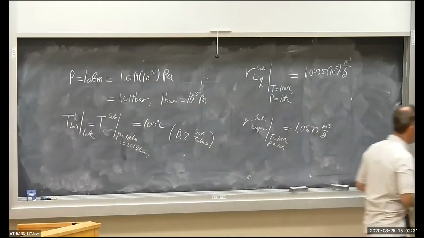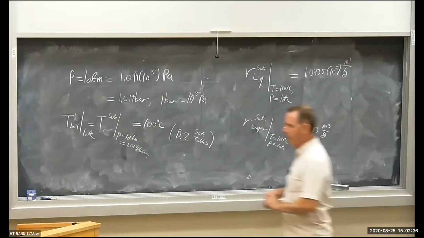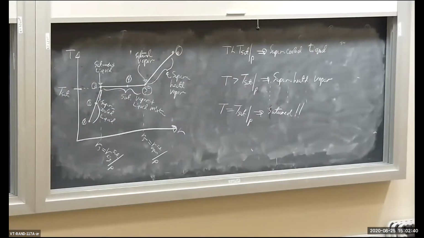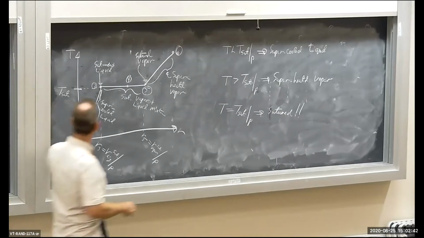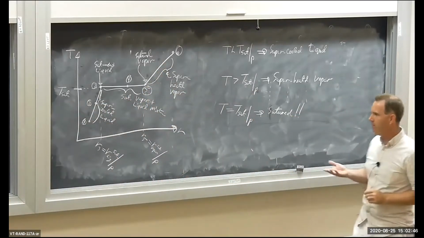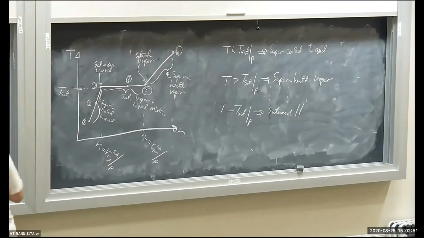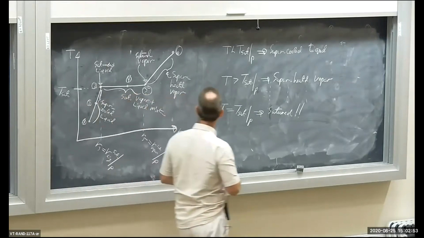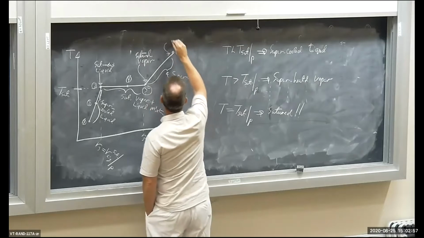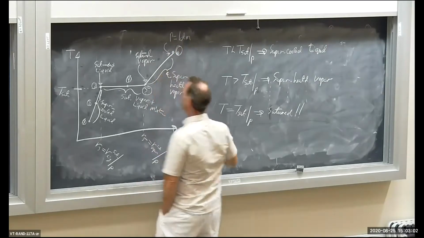Let's just finish off the material. So you can see on the right board, for a particular pressure, I heated up water. Started off as a saturated liquid. I heated it up until it started to boil. I vaporized it, and I continued to heat it up. That was for one pressure. So this is for a pressure equals 1 atmosphere.